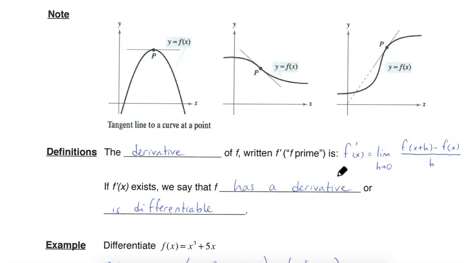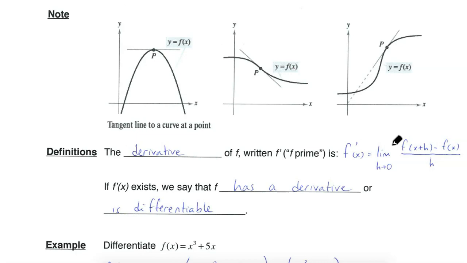So we've discussed that this is actually rise over run. So it's the first time here that we use a concept from Algebra 1, but kind of push it beyond because we add the idea of limit. If f prime of x exists, then we say that f has a derivative, or we can say that f is differentiable.